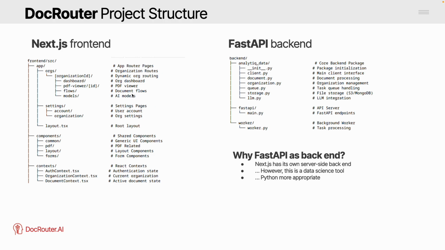Now, since I'm talking about the project structure, there's also a backend, which is the Python code. And the Python code will have the FastAPI implementation, and we're going to talk about this in more detail. So now, why choose FastAPI and not just implement it all in JavaScript? Well, again, it's an implementation choice. It's a data science project. So Python is better, in my opinion, for data science.